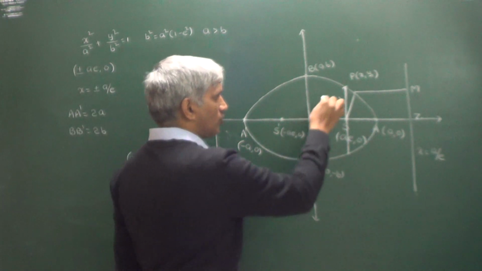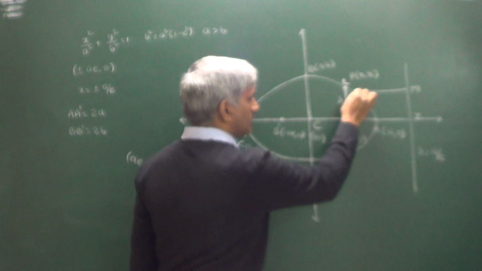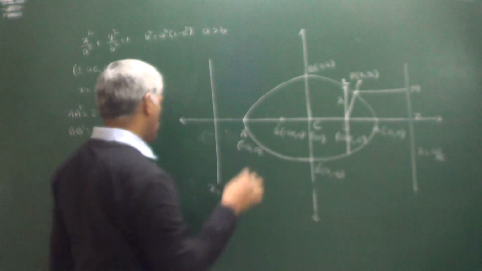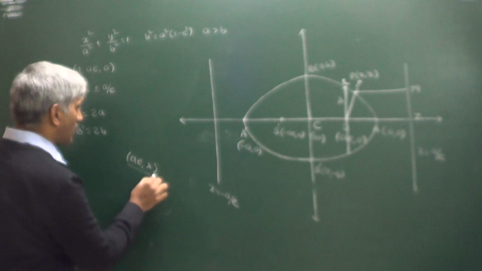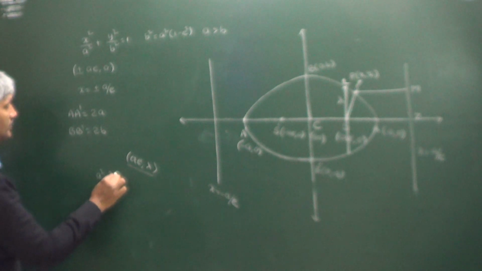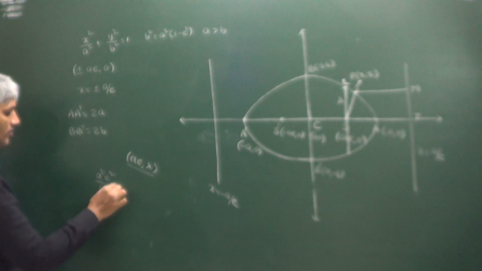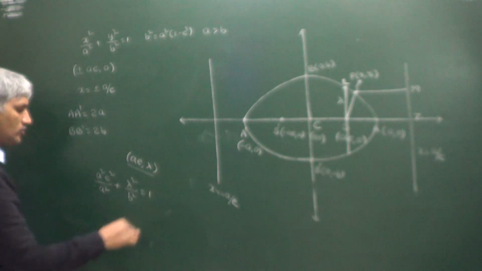That is, we got the coordinates of L here. No doubt this point (ae, lambda) lies on the ellipse. That's why a²e²/a² + lambda²/b² = 1.